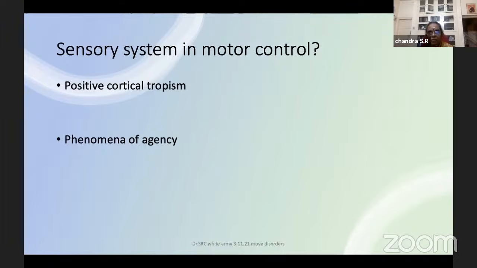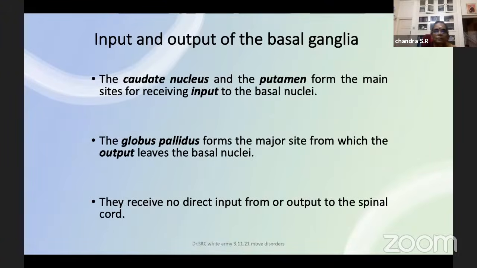So you know it is your own self, you are giving information, and whether the information conveyed is correct or wrong is decided by the cortex, and the cortex will know this body part is mine. That is called positive cortical tropism, continuously giving information to the cortex. And phenomena of agency: you are giving me information, I know your mind, I correct your mistakes and appreciate the right things. So that is the importance of the sensory system in motor control.